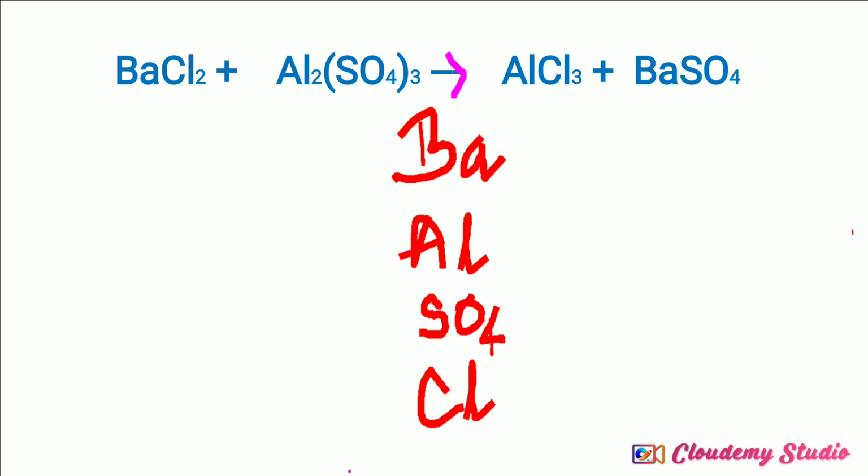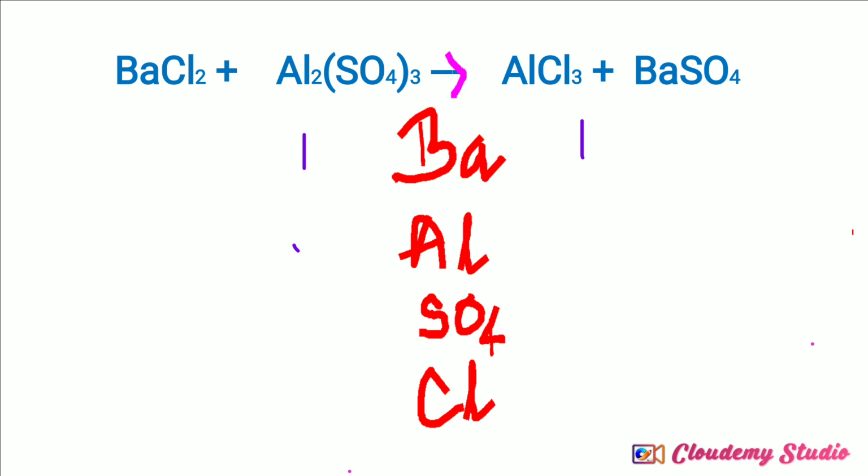Let's list out the atoms on both the sides of the chemical equation. Barium at the left hand side, only one atom. Right hand side also only one atom.